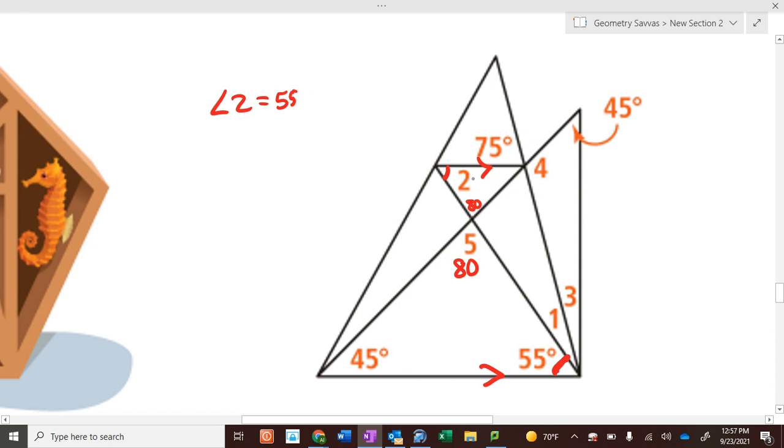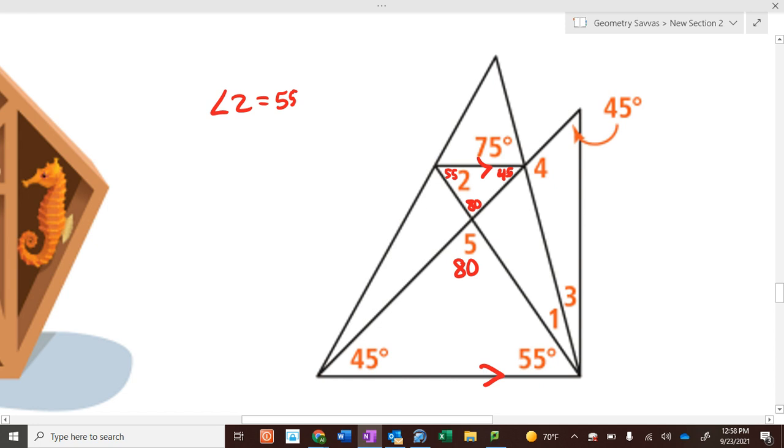So if 2 is 55, I'm going to erase my little congruent sign and put a little 55 up here. What's left for this angle over here? So 80 and 55. 80 and 50 is 130 plus 5 is 135. What's 180 minus 135? 45, right? So we know that angle is 45.